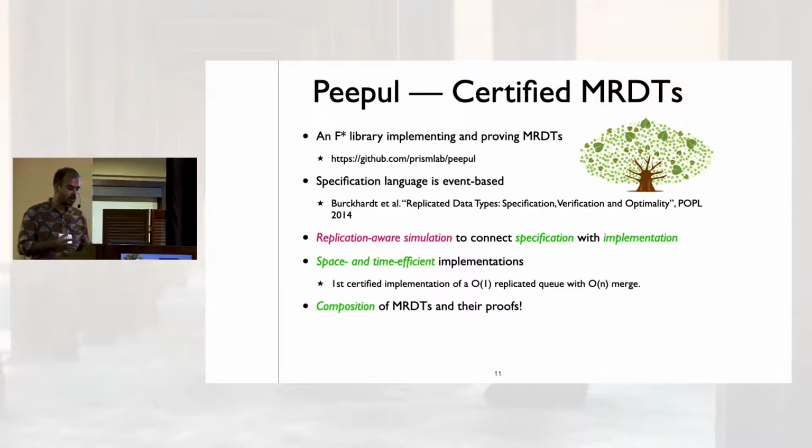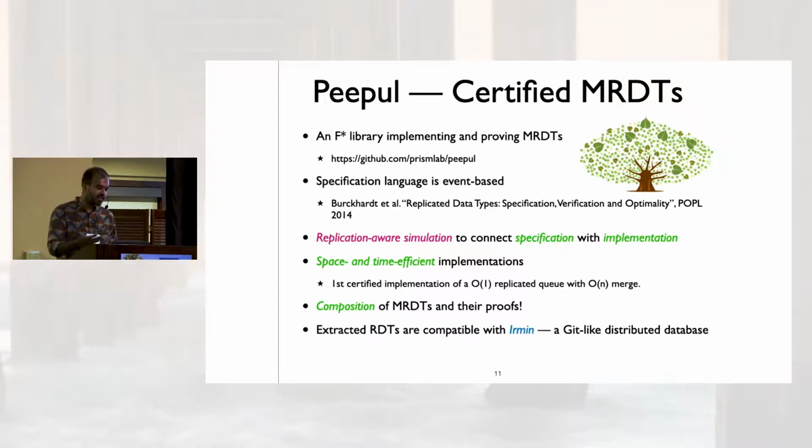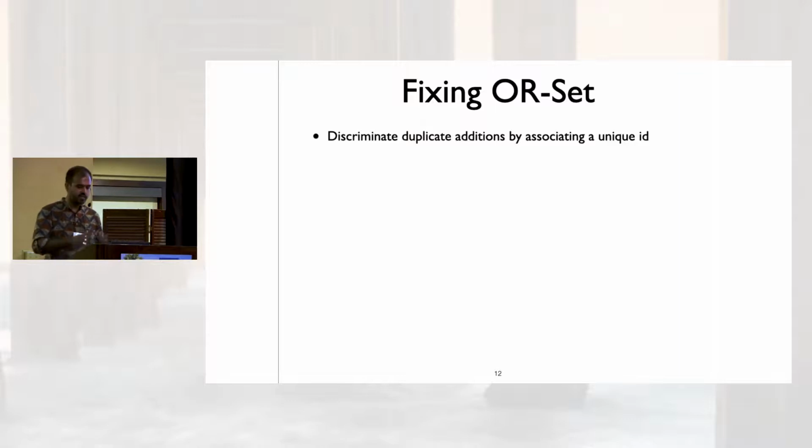We also have a novel notion of composition of MRDTs and their proofs, and I'll talk about this a little bit towards the end. The advantage of doing this in F-star is that you can extract OCaml code, which is compatible with the Git-like distributed database that we have in OCaml called Irmin. So that's the setup.